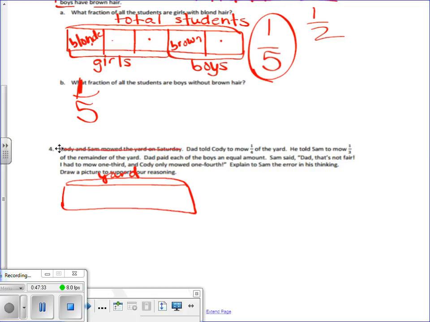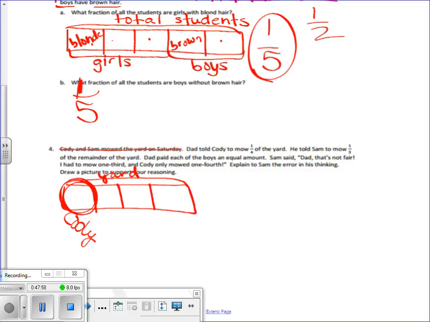Yeah. 1, 2, 3, 4. Dad told Cody to mow 1/4 of it. So this right here, 1/4 of it is Cody's. Cody had to do 1/4 of it.